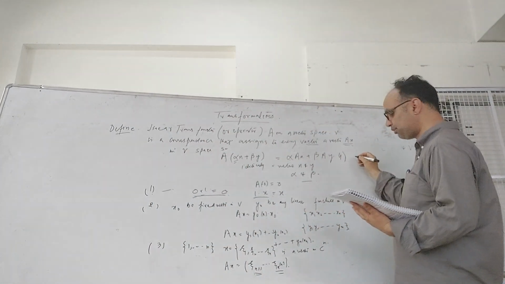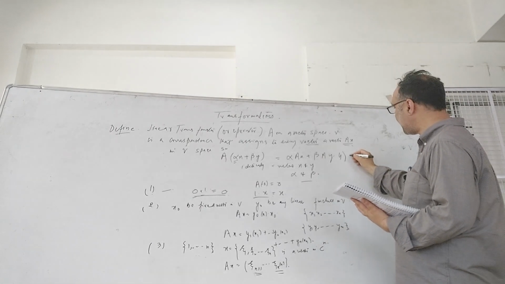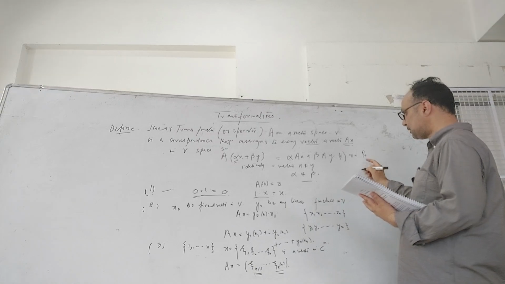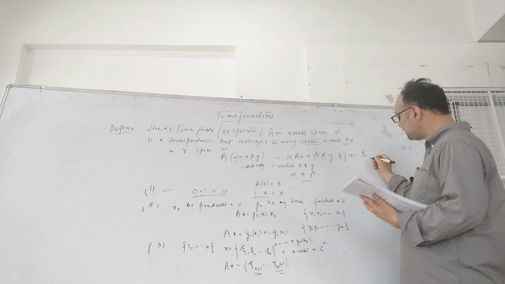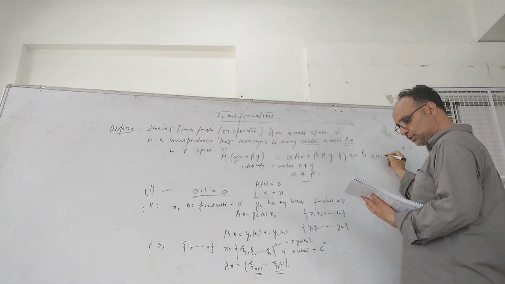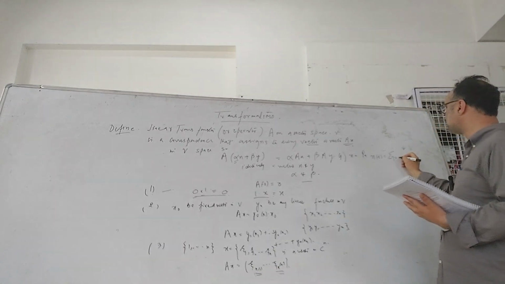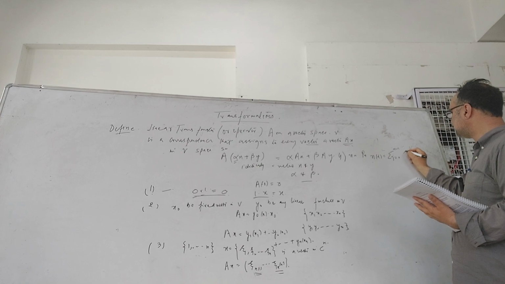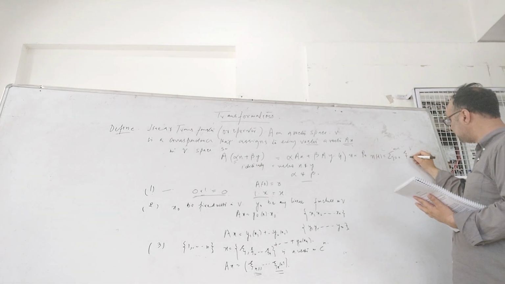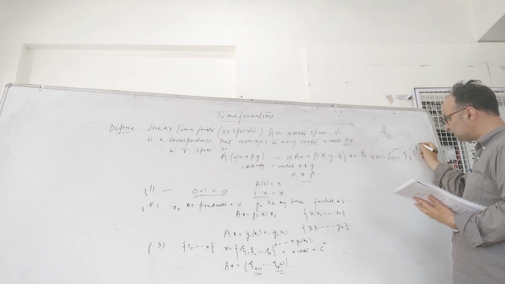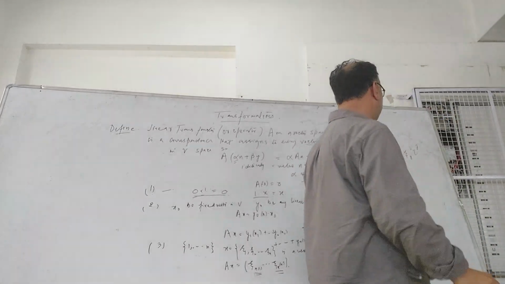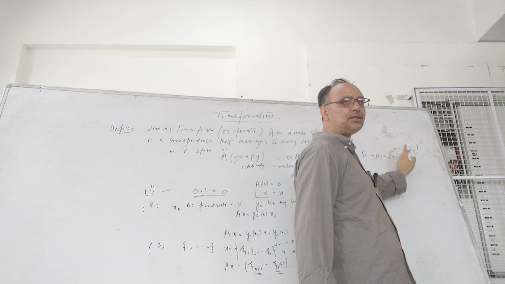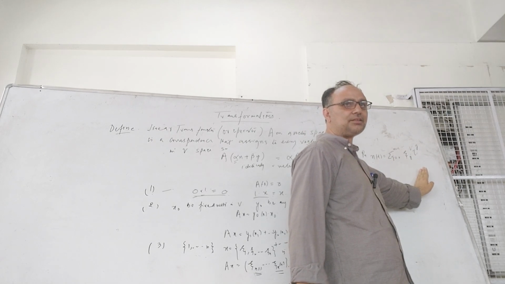In the same way, the fourth property which might be interesting is that, for example, if you have any x in Pn, then x of t is equal to the sum over j equal to 0 to n minus 1 of zeta j t^j. If you now define an operator, the operator may be a differentiation operator acting on that function.